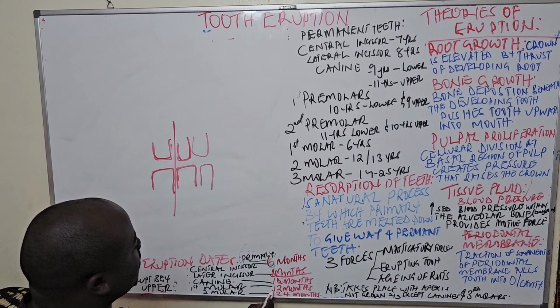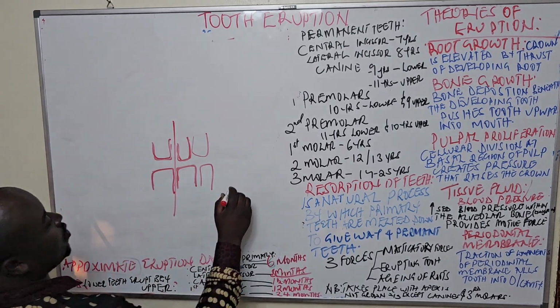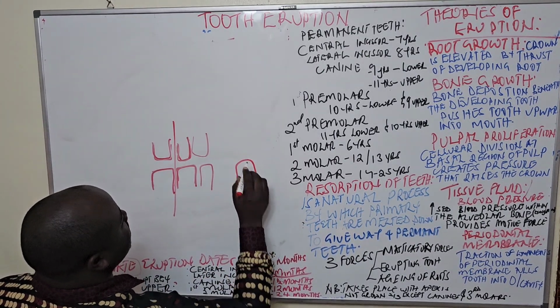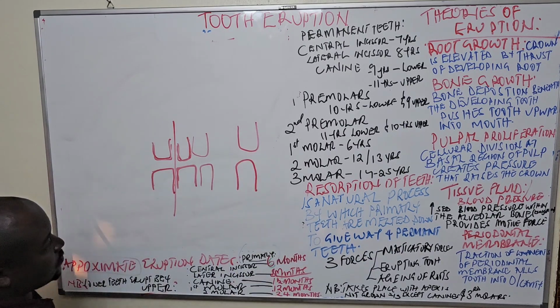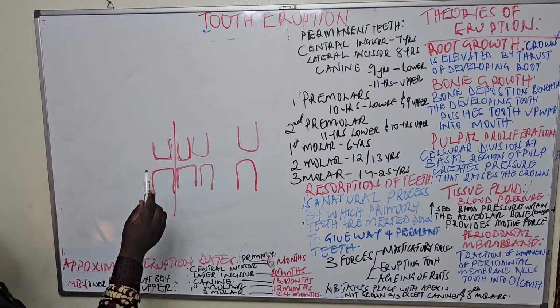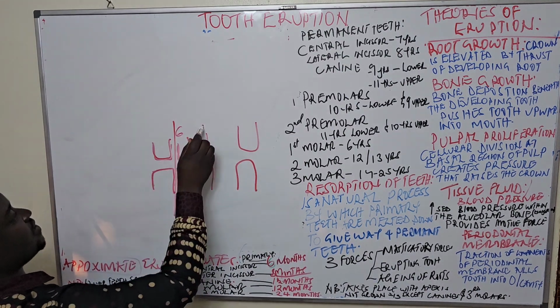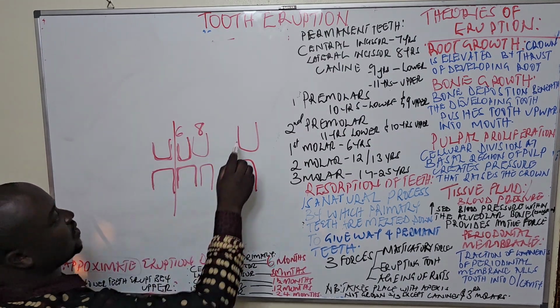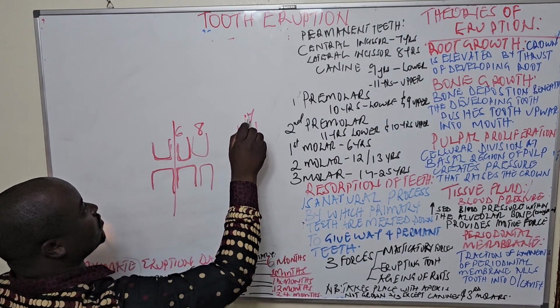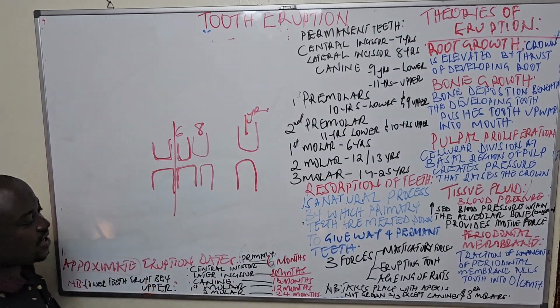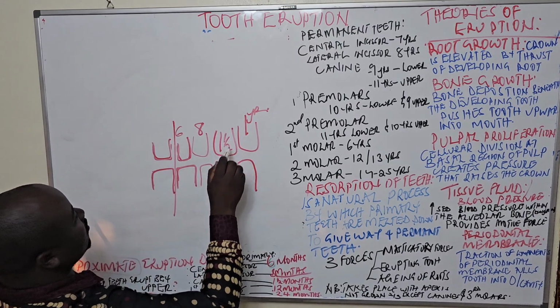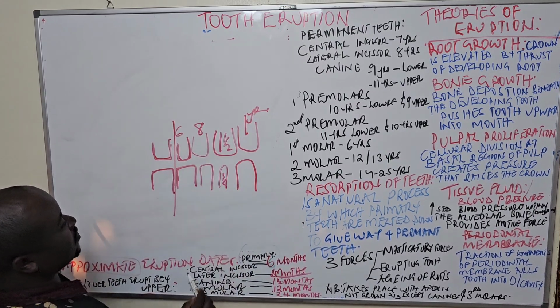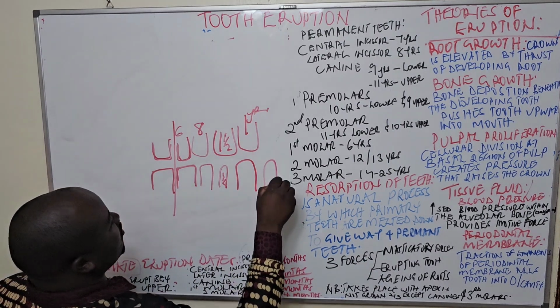But at 1 year, 12 months, we shall have the first molar. The first molar at 1 year, then the canine at 1.5, then at 2 years we have the second molar.